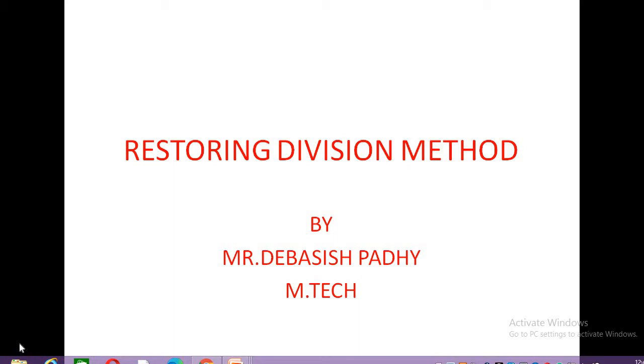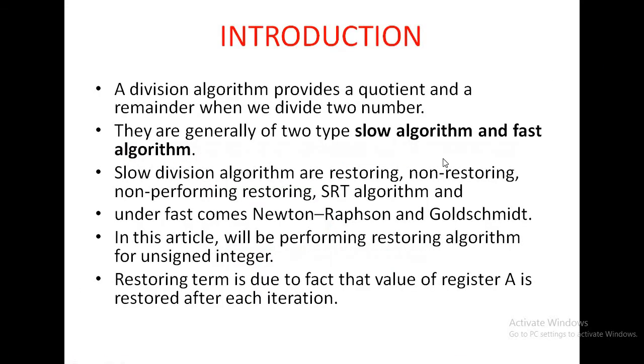What is generally a restoring division method? A division algorithm provides a quotient and a remainder when you divide two numbers. In mathematics, when we divide two numbers, it results in a quotient and a remainder.